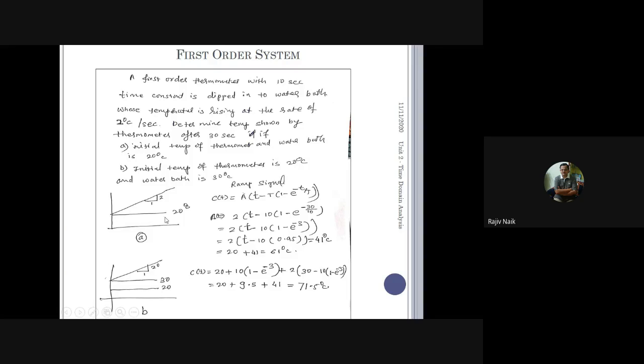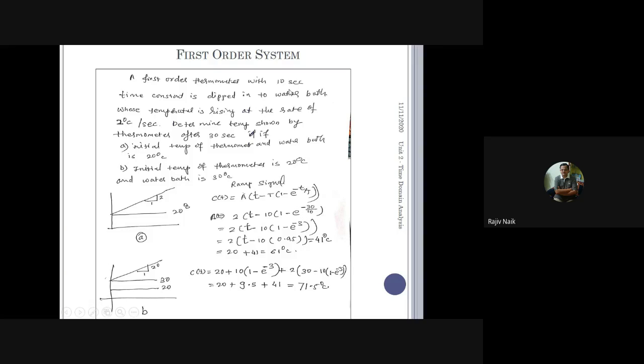It is indirectly like that. So here you can see this is the output of the system for the ramp input. A is the size of the ramp, or K, into t minus T into 1 minus e to the power minus t by T.